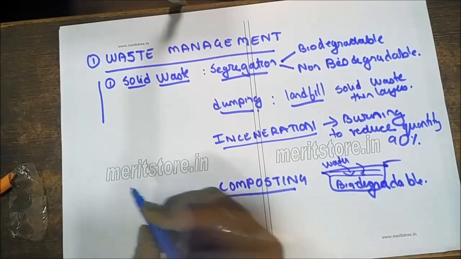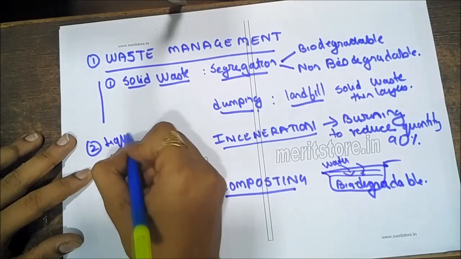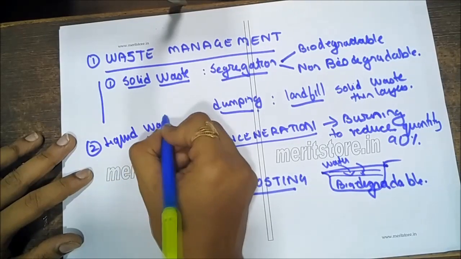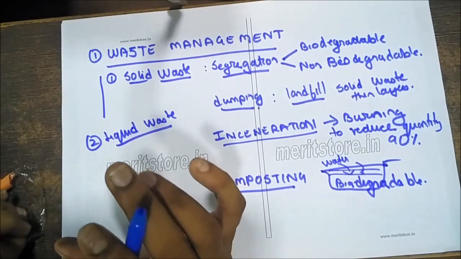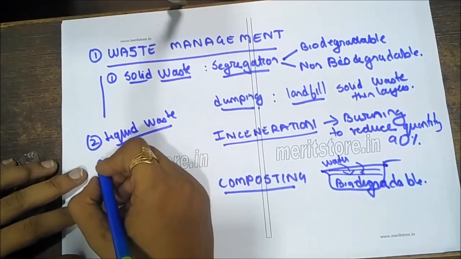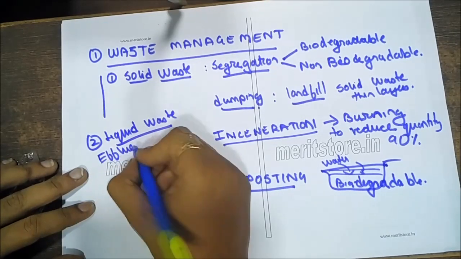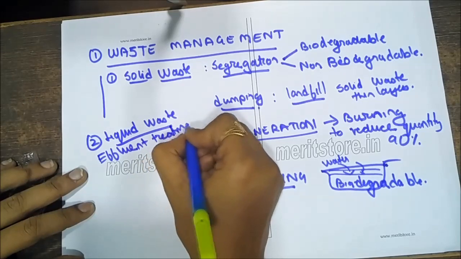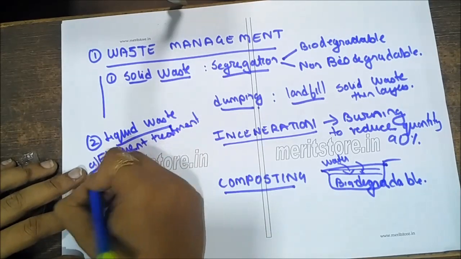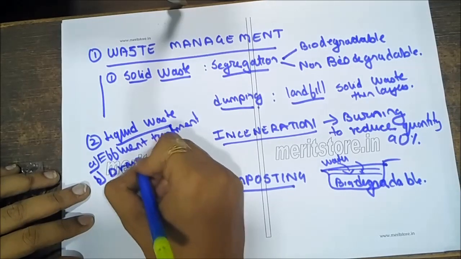Then how can you treat liquid waste? Before directly dumping liquid waste into the environment, we should have effluent treatment first, in order to reduce its damaging capacity. Then a proper drainage system can be devised.